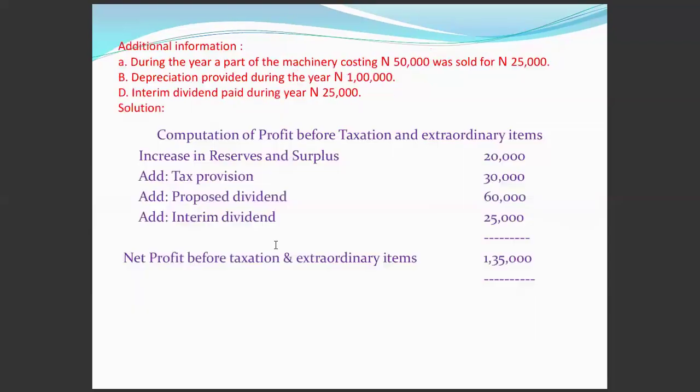So now we have to add back the provision for taxation. The proposed dividend is paid after the financial year, so the cash flow does not happen. So we are also adding the same. The interim dividend, even though it is declared, is never paid during the year.